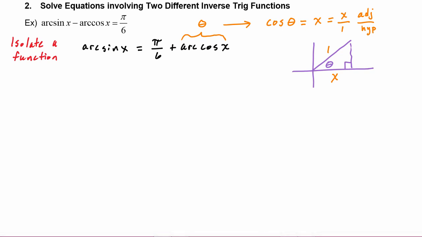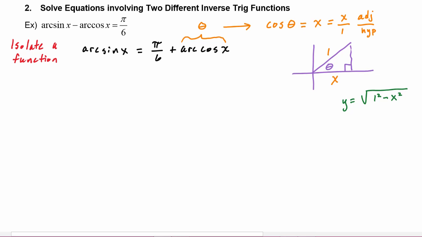Then we can solve for the y value now, because we know y is going to be the square root of the hypotenuse squared, so 1 squared, minus the adjacent leg squared, x squared. So this equals, when we simplify it, square root 1 minus x squared, and we can label this now on our diagram.